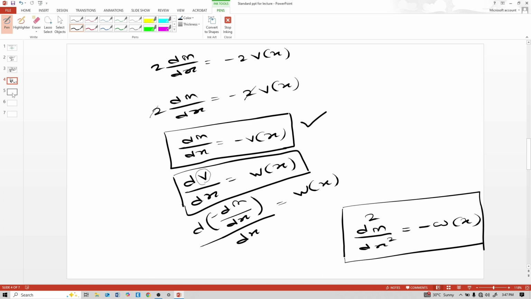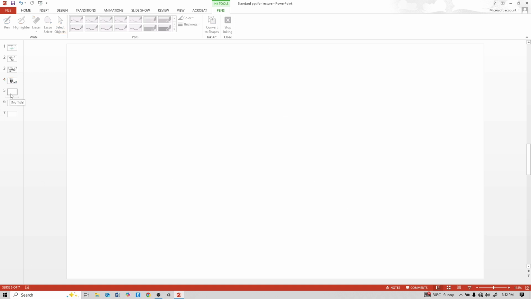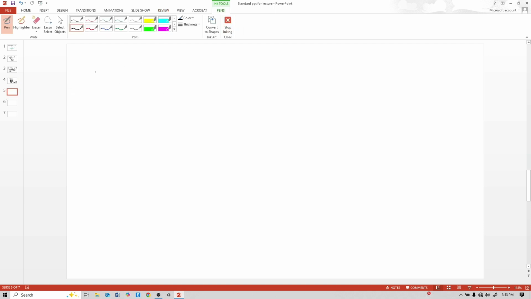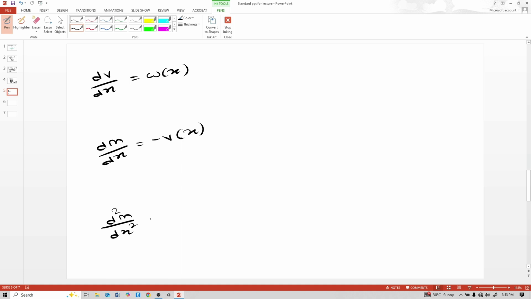So write these three equations here. dv by dx is equal to w of x, intensity of loading, dm by dx is equal to minus v of x, and d square m by dx square is equal to minus w of x.